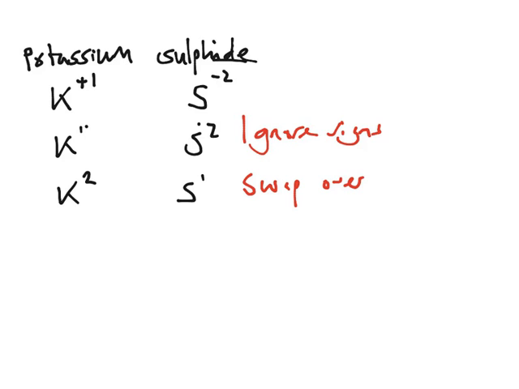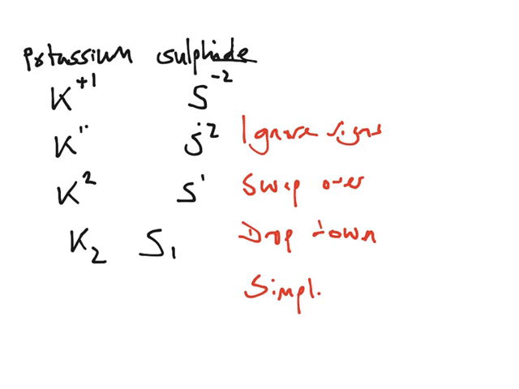We then drop down, so that becomes K2 S1, and then the last step is we simplify, so that becomes K2S, and that's the formula for potassium sulfide.